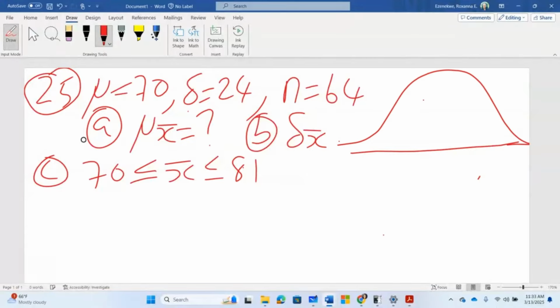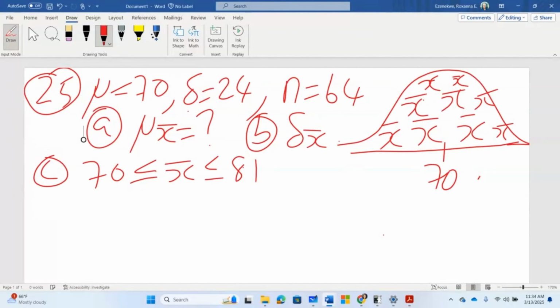And by the way, this normal curve I'm drawing is a density curve made with sample means. That's why it's called the distribution of sample means. The mean of this distribution of sample means is 70, because the mean of the original data is the same, so the mu x bar is equal to 70.